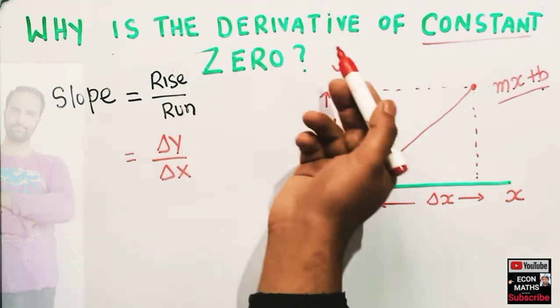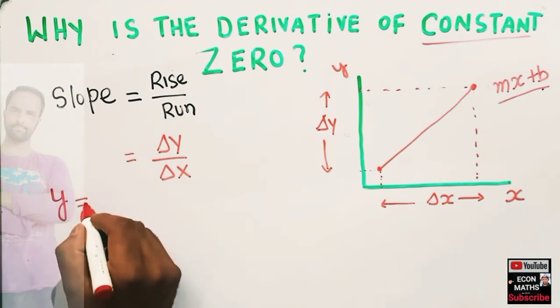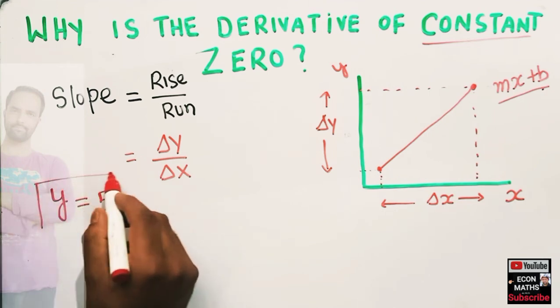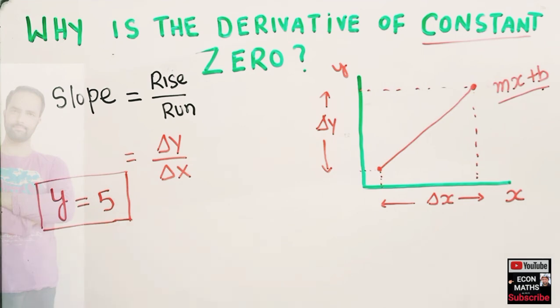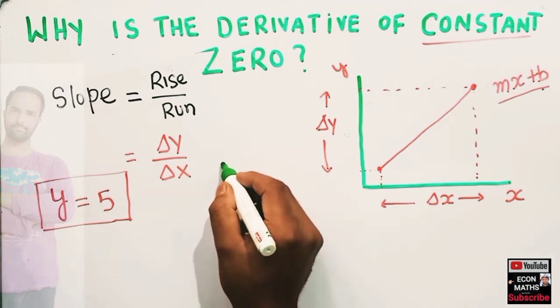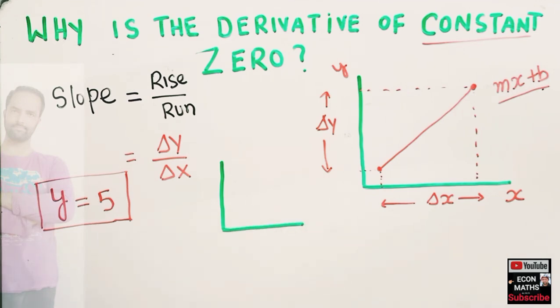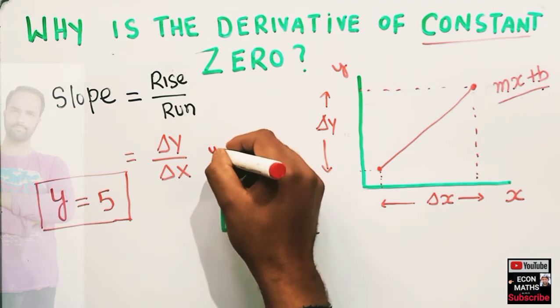What about a constant? Let us say we have a function y is equal to 5. This is the question that has been asked: why is the derivative of a constant equal to 0? How can I draw the graph of this function? Let me draw it here, with the x-axis and y-axis.